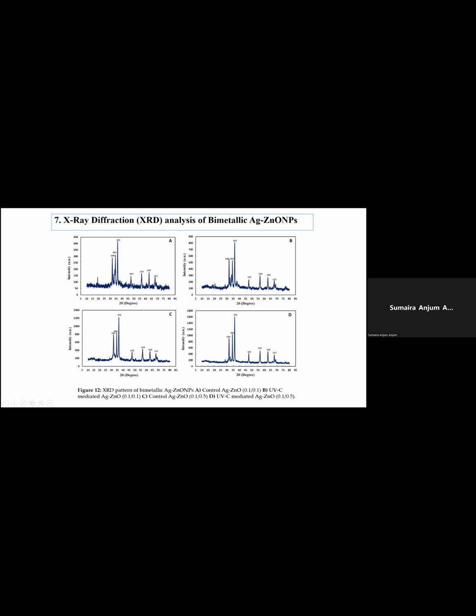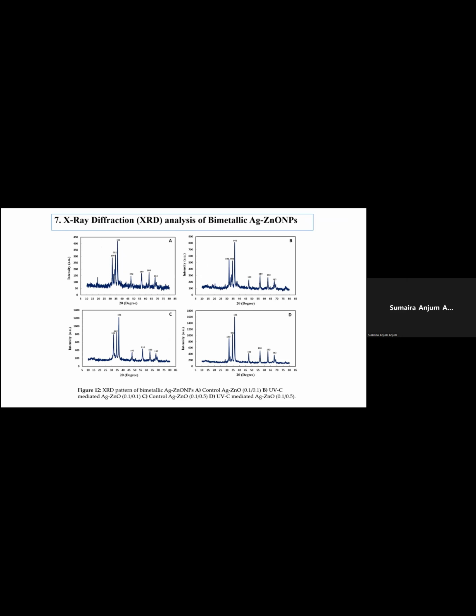When the bimetallic silver zinc oxide nanoparticles were characterized by XRD diffraction analysis, we can see that in both cases, either controlled or UVC radiated nanoparticles, this shows the particular peaks which correspond to the silver zinc oxide nanoparticles. However, the effect of the silver metal was masked by the zinc oxide nanoparticles.